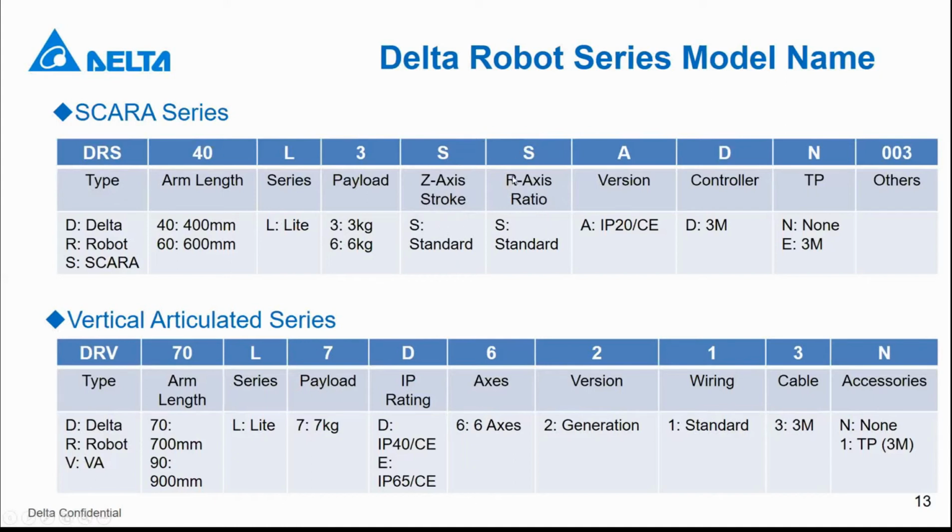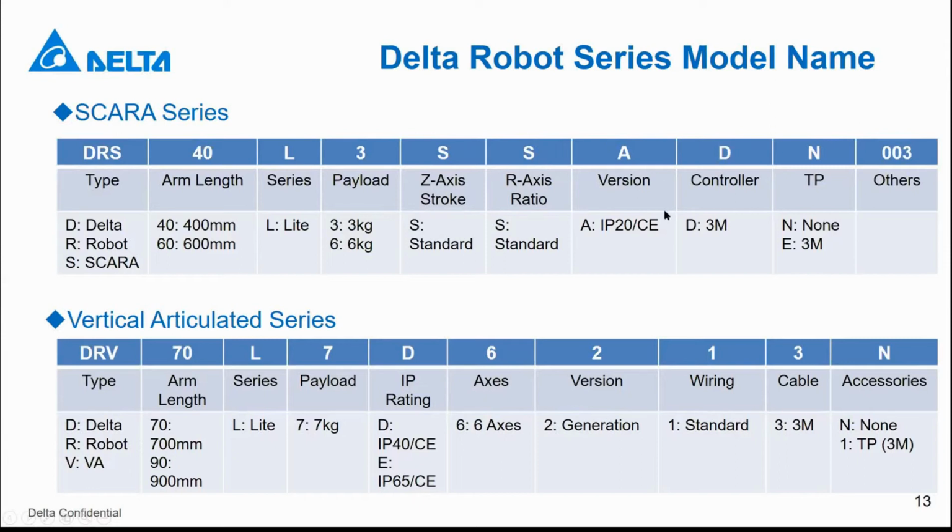And next is the R-axis gearbox ratio. We also have a standard and an optional gearbox ratio, because in some applications, if you need higher torque of joint 4, then you can select the higher torque, or higher gear ratio, version of the R-axis.